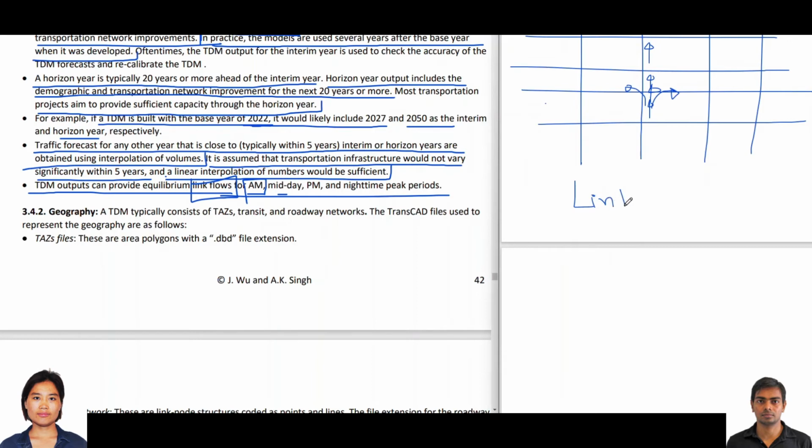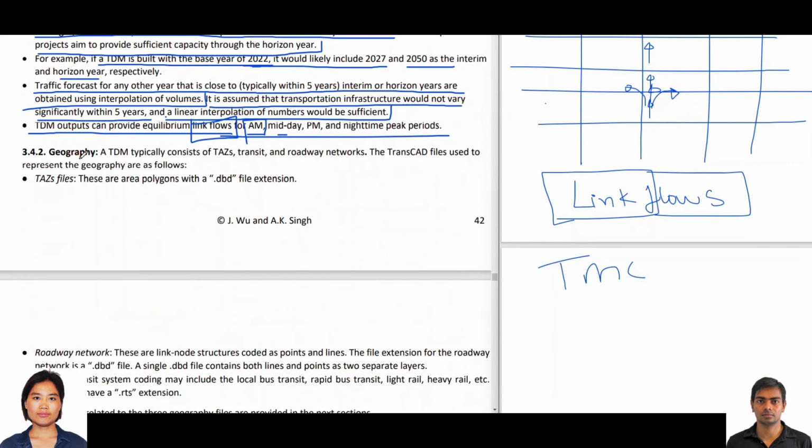And if we want to calculate the turning movement counts from travel demand models, we can do some tricks. We can generate a bunch of smaller directional links, but then the accuracy of the model goes down. So what we usually get from the travel demand model is link flows, and for most cases we need to estimate future volumes based on the link flows. So based on the link flows, we might have to calculate turning movement counts or some movements which are not there in the travel demand models.